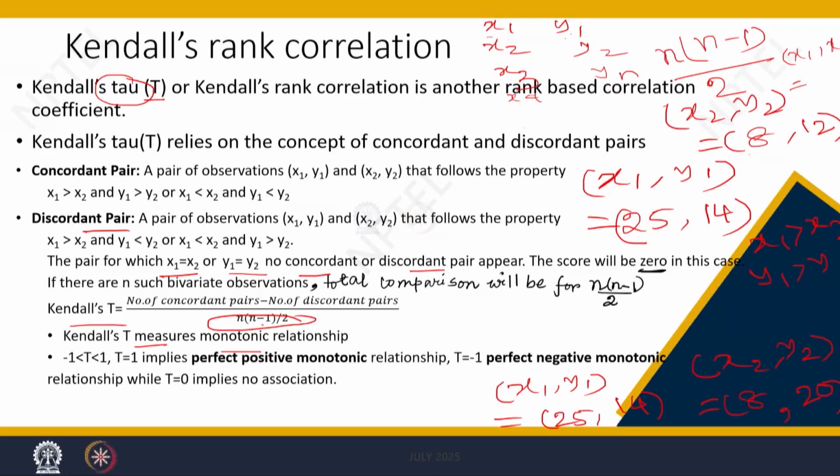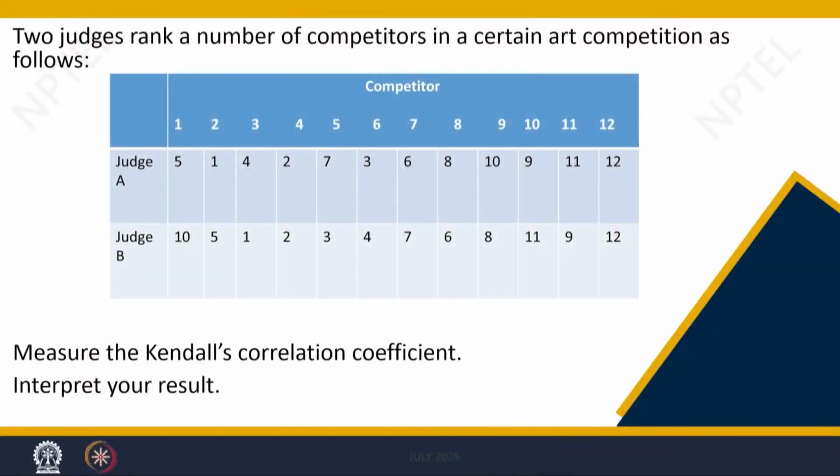T equal to -1 implies a perfect negative monotonic relationship, while T equal to 0 implies no association. Clear?